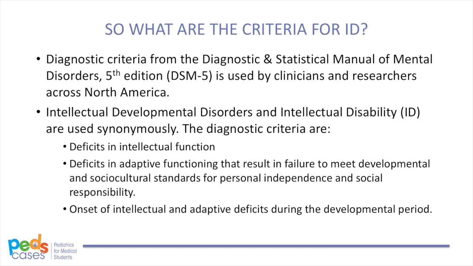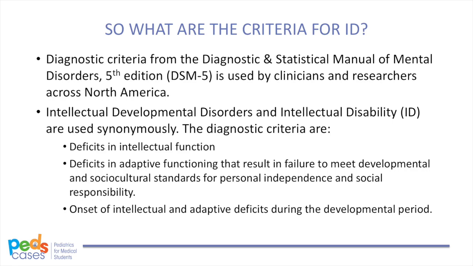So the DSM-5, or the Diagnostic and Statistical Manual of Mental Disorders 5th edition, specifies that there should be deficits in intellectual functioning, which is reasoning, problem solving, planning, abstract thinking, judgment, academic learning, and learning from experience, and practical understanding, confirmed by clinical assessment and standardized testing.